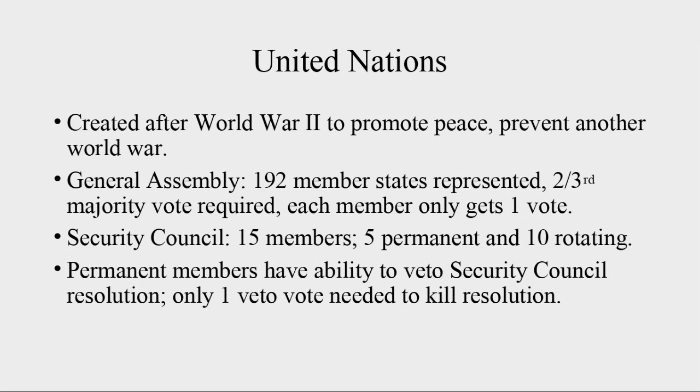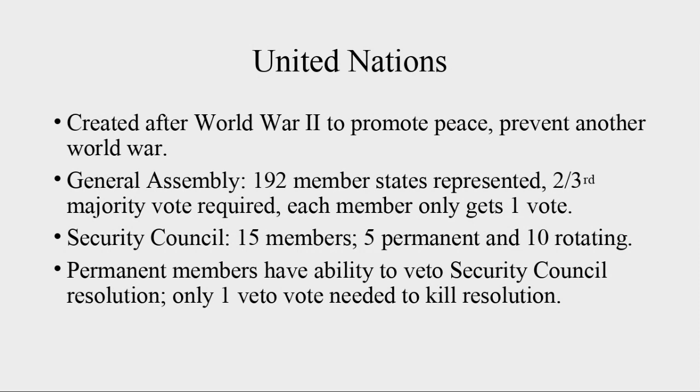And there are two main bodies in the UN. There's the General Assembly, which is made up of 192 member states. These include places like the Vatican and the Palestinian territories, as well as formal countries.